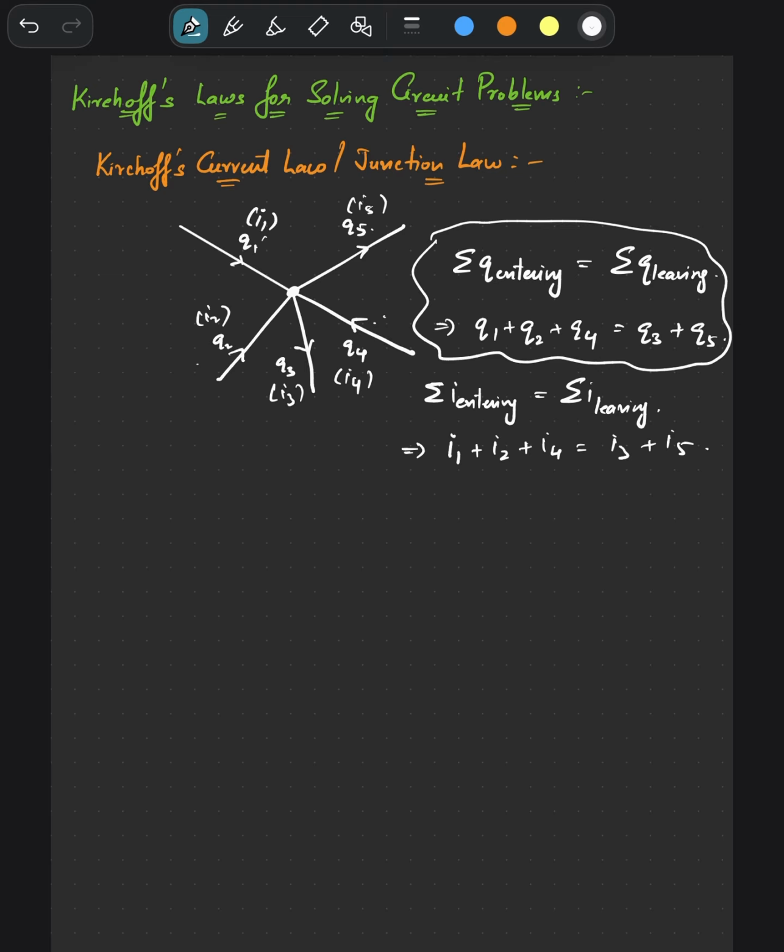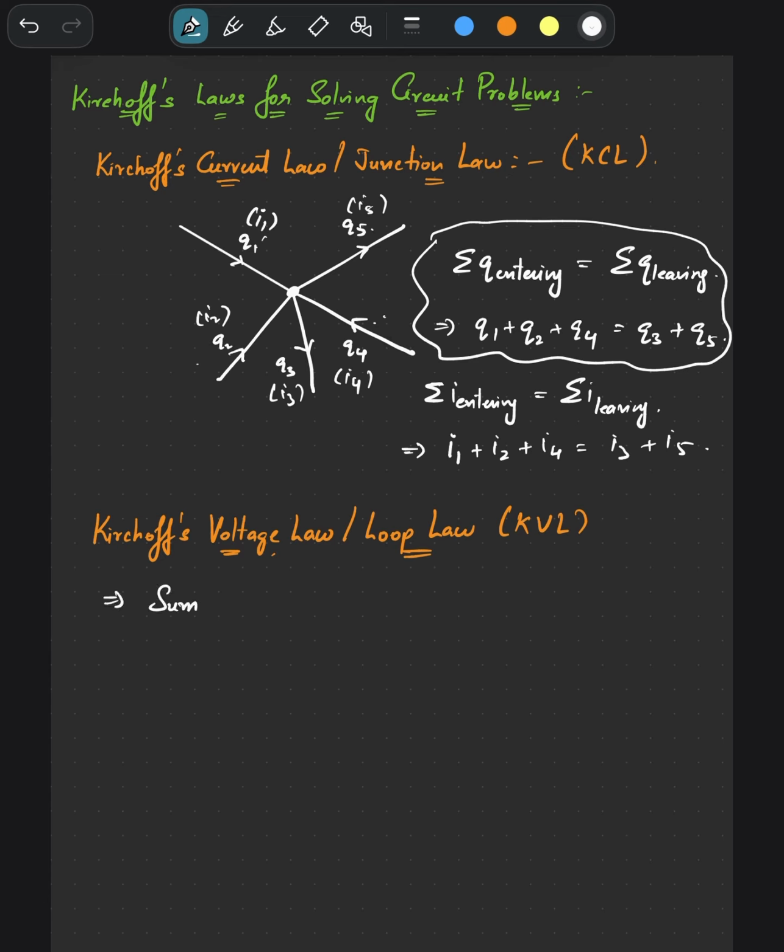Okay, and then the other statement which we have is Kirchhoff's voltage law, which can also be called loop law or KVL. So this is called KCL sometimes, Kirchhoff's current law. This is called KVL sometimes or loop law. Right, and according to Kirchhoff's voltage law, let me write the statement first.